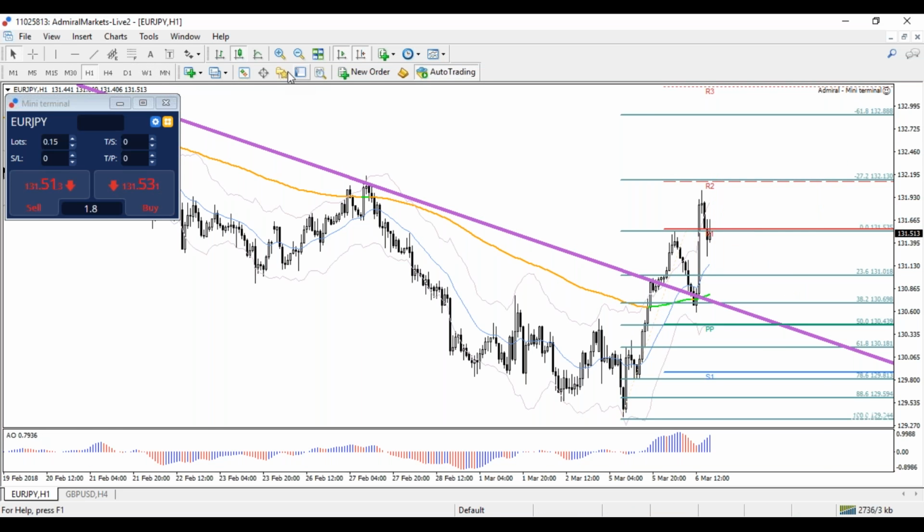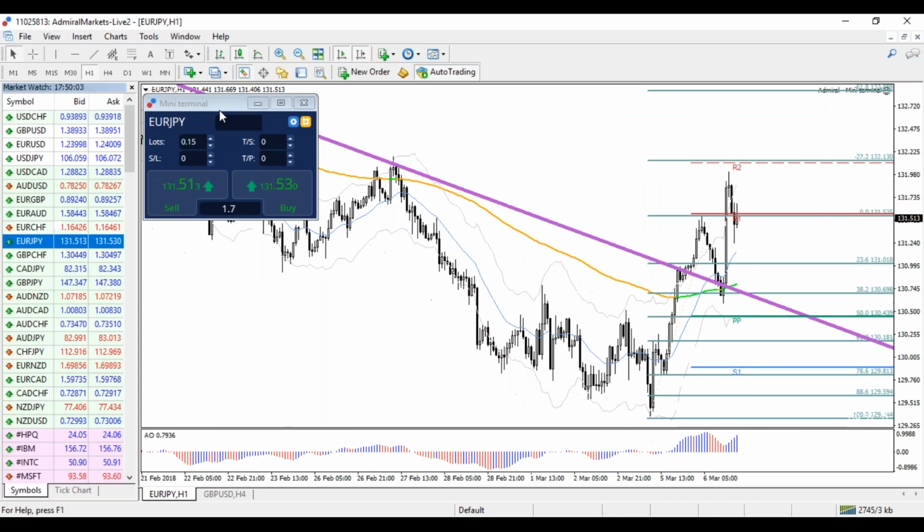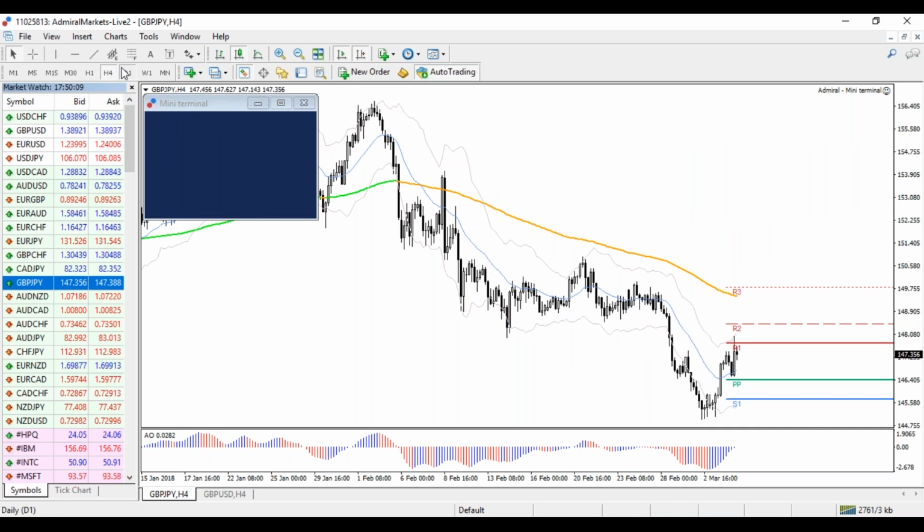Let's take a look quickly at the pound yen again. Pound yen looks like the same structure as euro yen, so we'll not spend too much time on that.